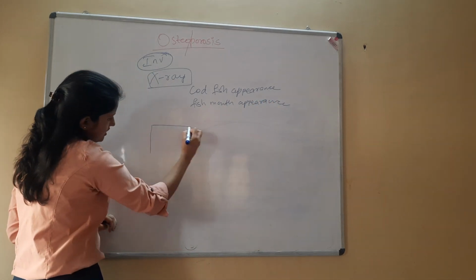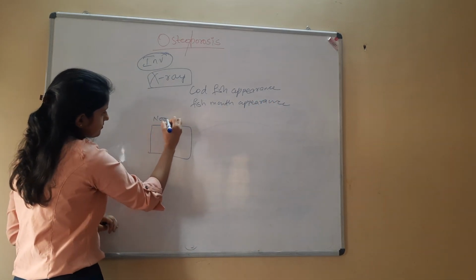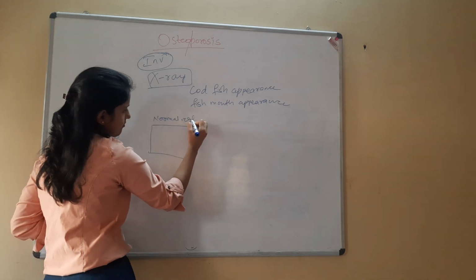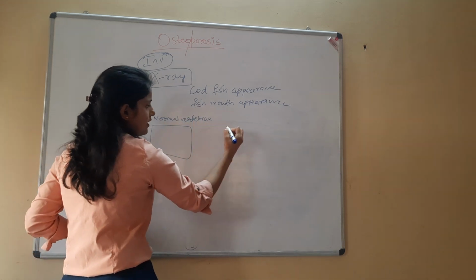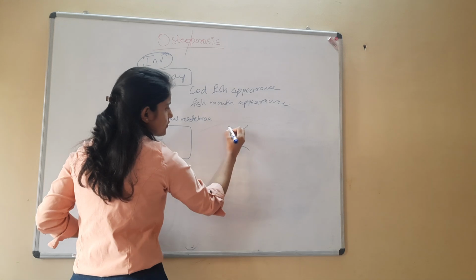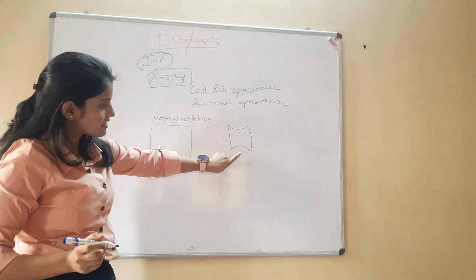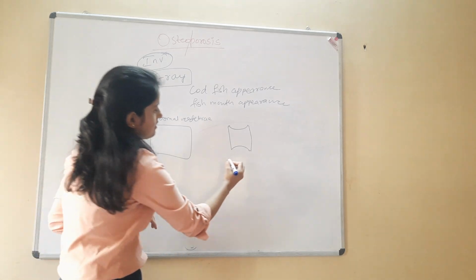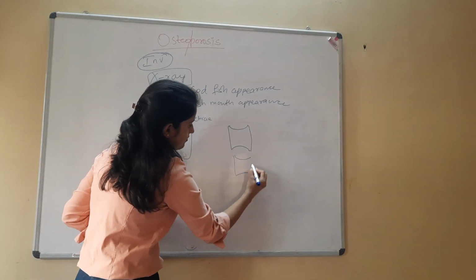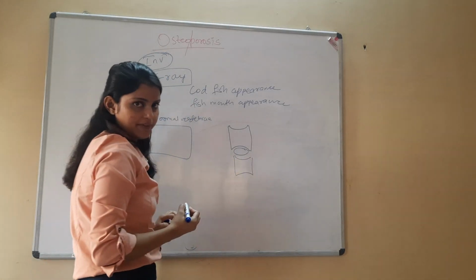Suppose this is the normal vertebra. Then in osteoporosis, in the X-ray the vertebra can be seen like this. This looks like a fish mouth appearance.